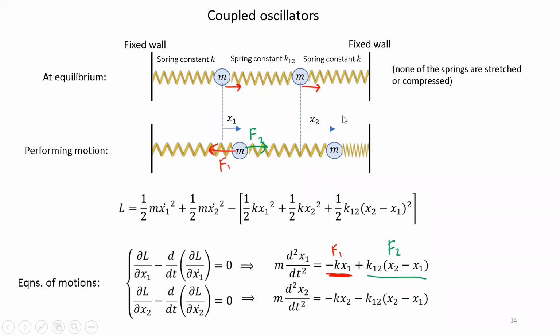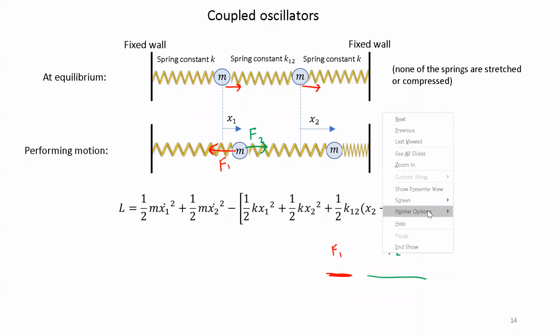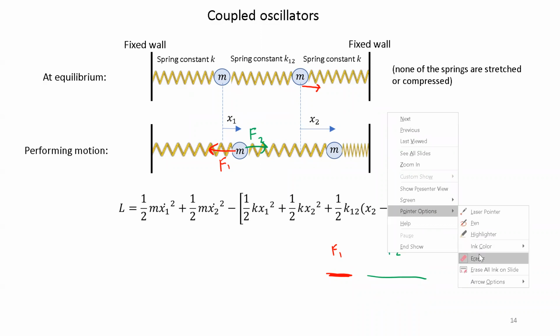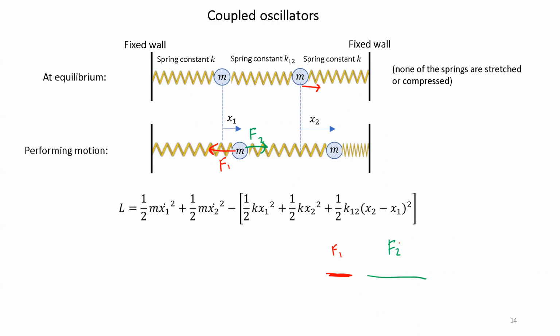On the other hand, imagine that this time you give this initial condition: you pull the left mass to the left, and pull the right mass to the right by the same distance. Then again, you could imagine that they will keep doing this anti-symmetric oscillation.